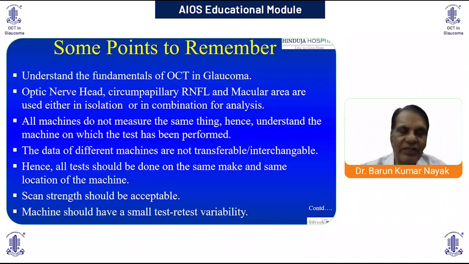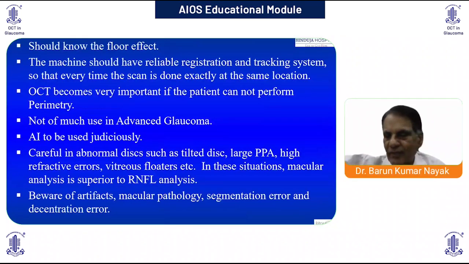The machine you are using should have small retest variability. It should have a reliable registration and tracking system, so that every time the scan is done exactly at the same location. We should also understand the floor effect of the measurement.